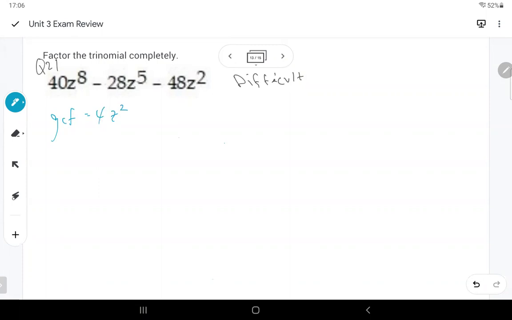Okay, and that is going to leave you with a 4z squared on the outside, a 10z to the 6th on the inside, because remember we add exponents, a minus 7x, or sorry, z cubed.